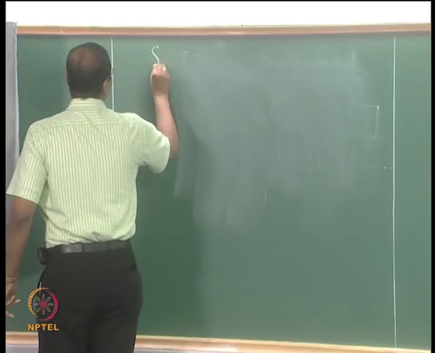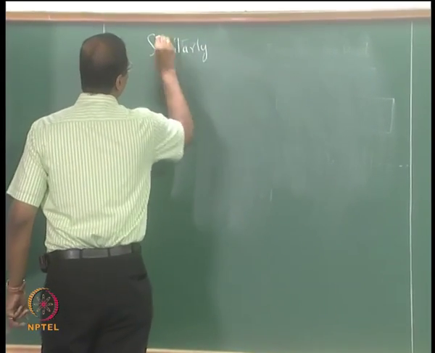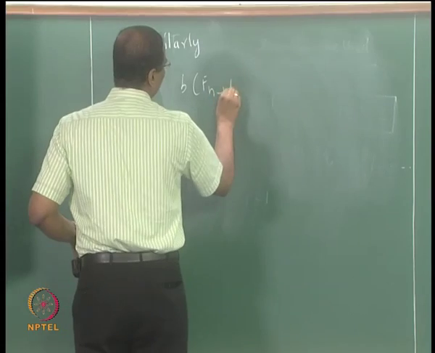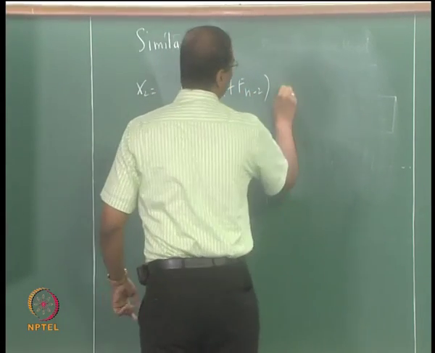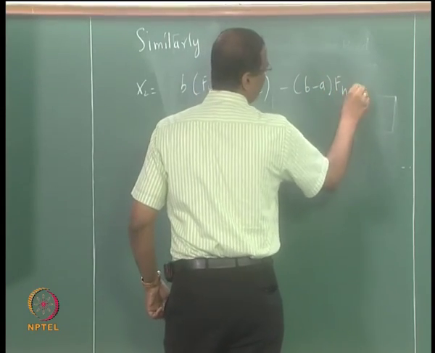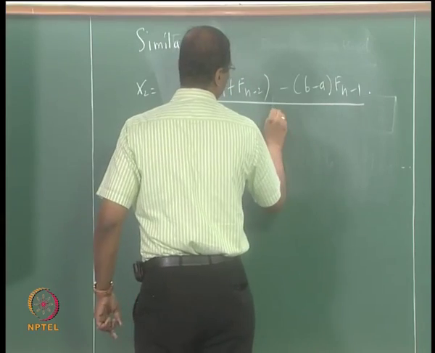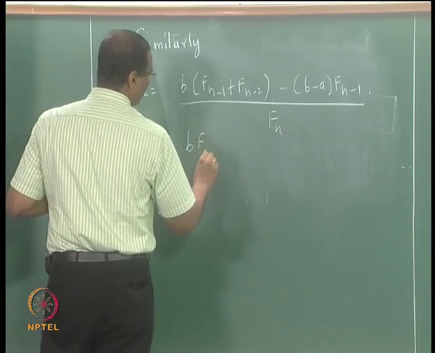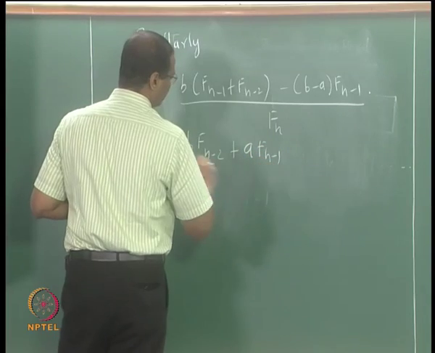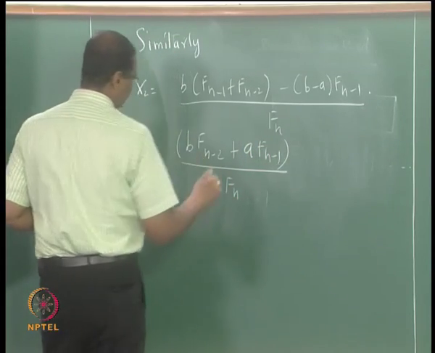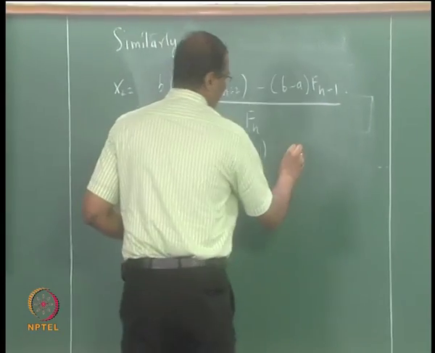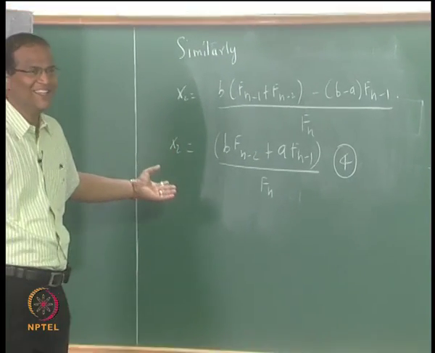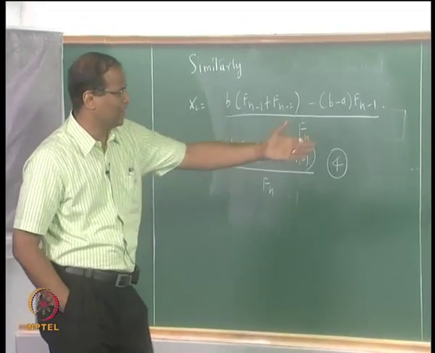Similarly, x2 is B Fn minus 2 plus A Fn minus 1, and x1 is as above.